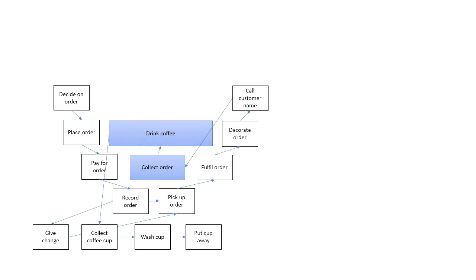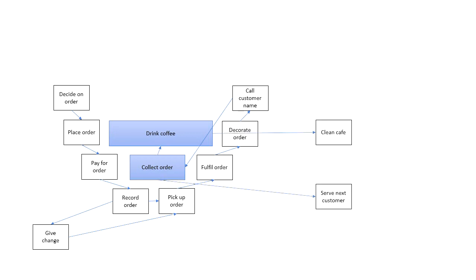So we'll get rid of it. What other bits? Collect the coffee cup, wash cup, no, don't need that bit either, but they're gone. We've lost some meaning in our diagram now, I hear you say. Well, yes and no, because what we can do is put these back in as exits to other diagrams, other functions.